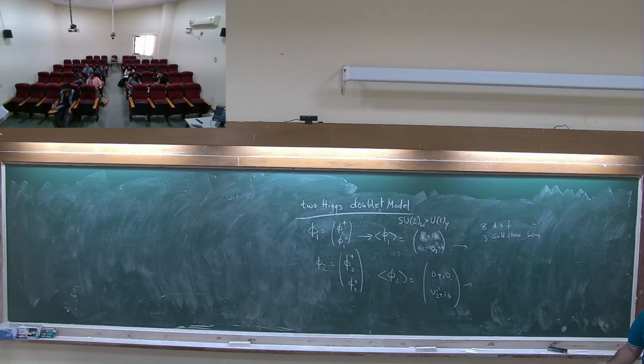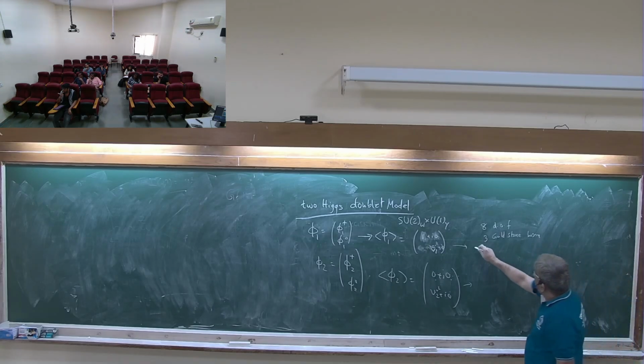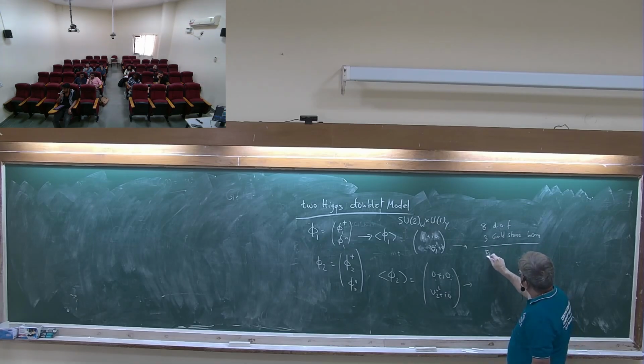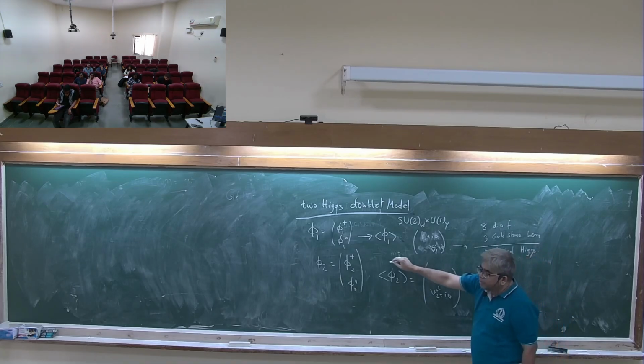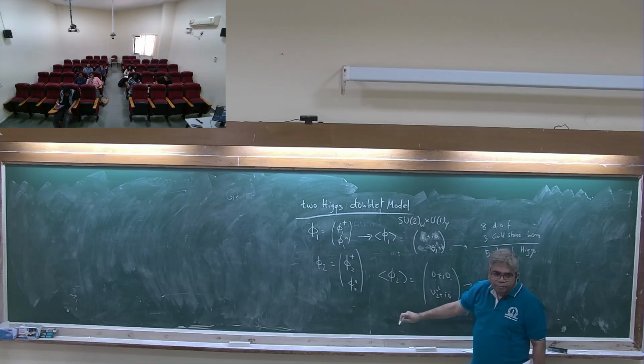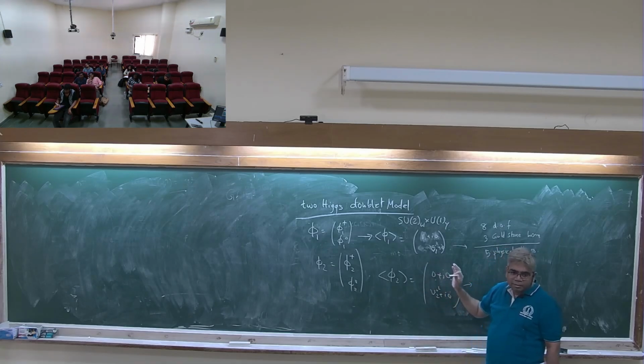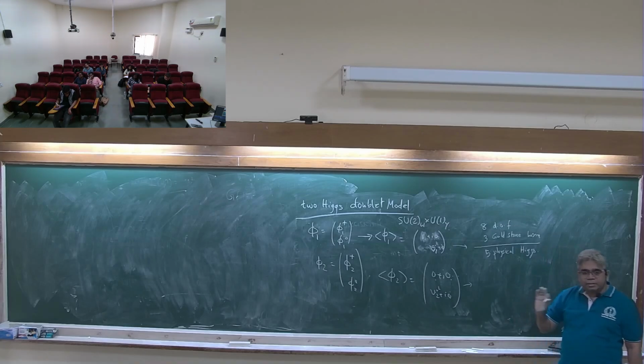Okay, tau 1, tau 2, tau 3 of the SU2. SU2 has only 3 broken generators. Okay, and so that gives you the remaining 5 physical Higgses. So one Higgs doublet suddenly becomes 5 Higgses with just adding one extra scalar doublet.